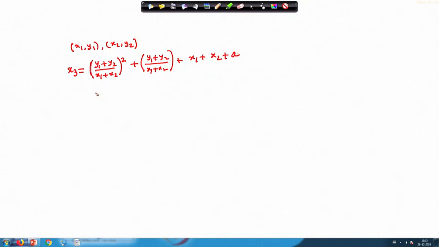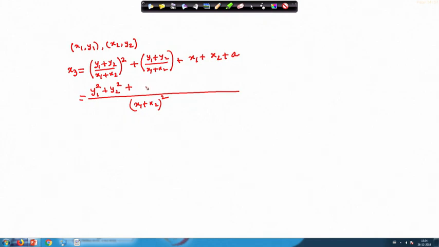Now if I simplify this, in the denominator I have x1 plus x2 whole square, and in the numerator, since it is characteristic 2, all these elements x1, y1, x2, y2 are GF(2^m) elements. So I will have y1 square plus y2 square, plus x1 plus x2 into y1 plus y2.